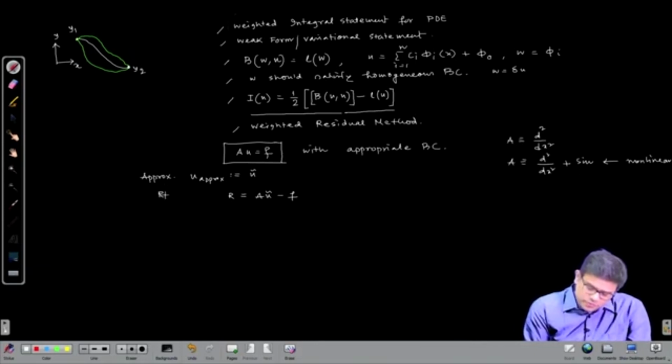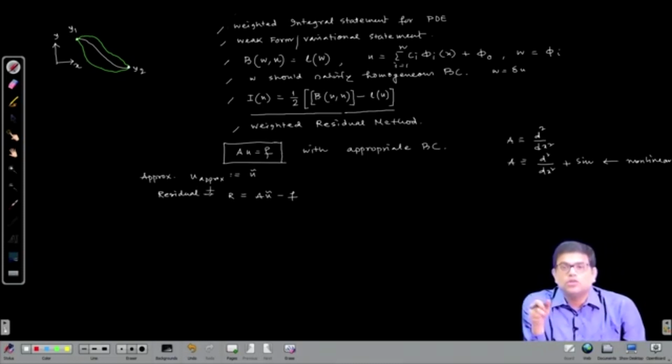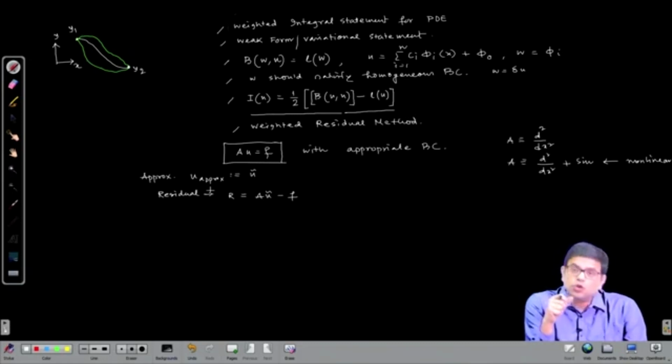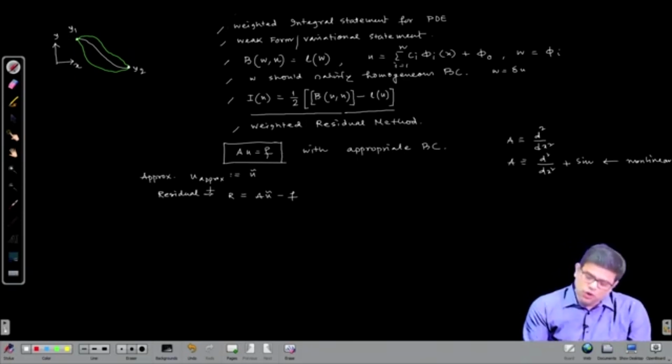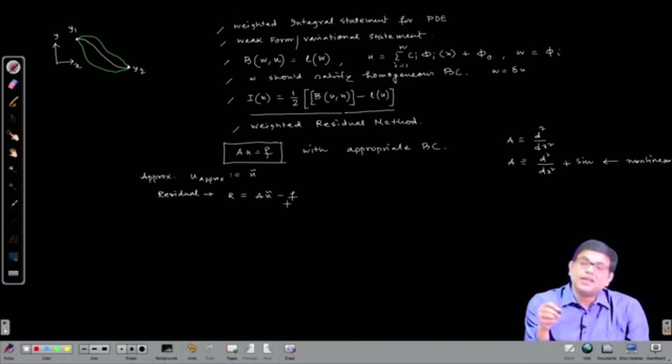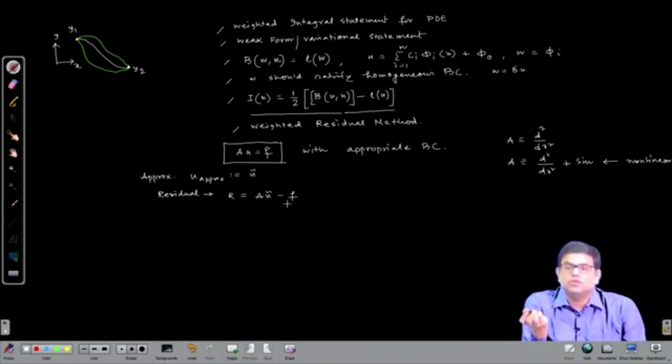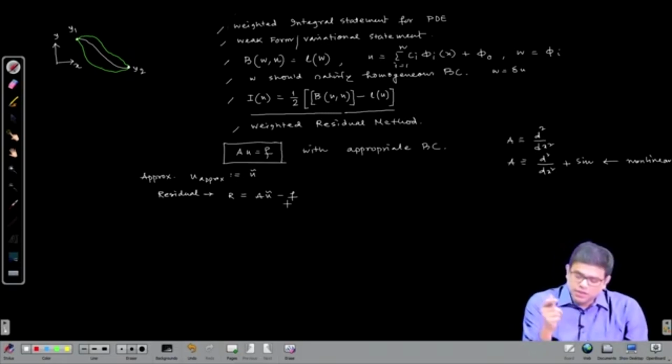So, our objective is to make the residual 0, so that my approximation satisfies the differential equation. To do that, we can construct its weighted integral statement with respect to some basis function, or some weight function.